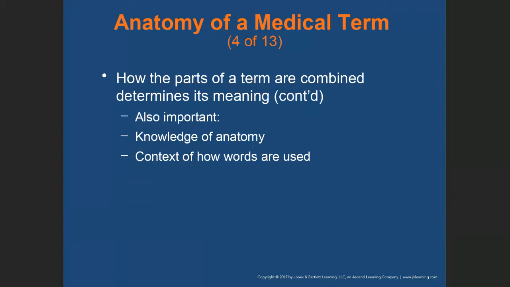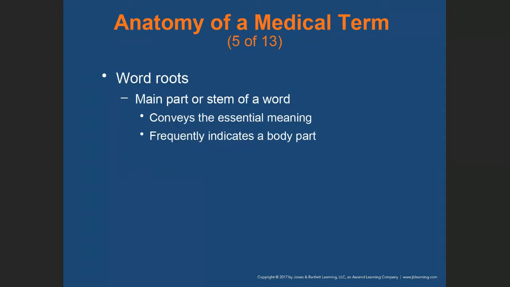How the parts of a term are combined determines its meaning. This is very important. Now, apart from that, a strong knowledge of anatomy and physiology is important, and we must understand the context that the word is being used in or used for. Word roots: the main parts or stem of a word.